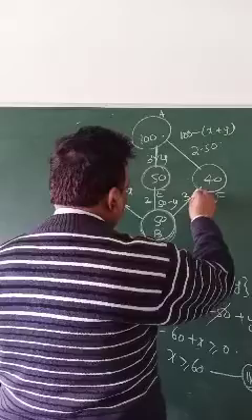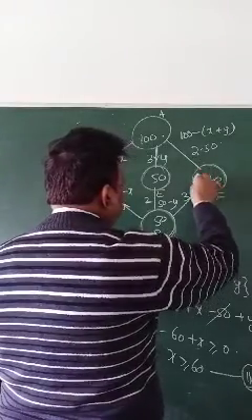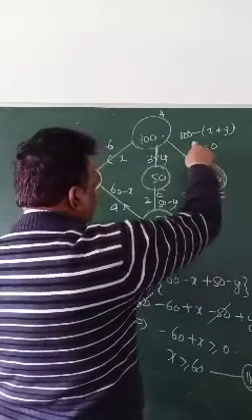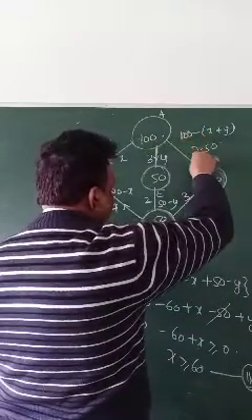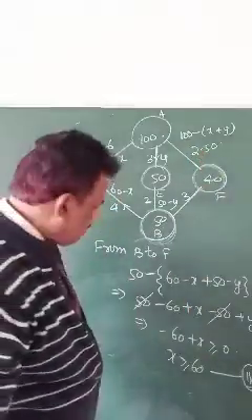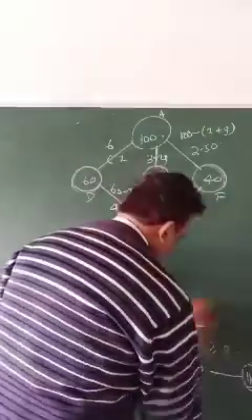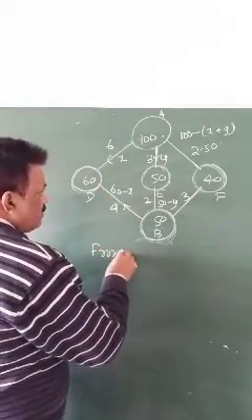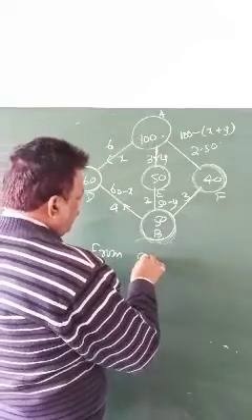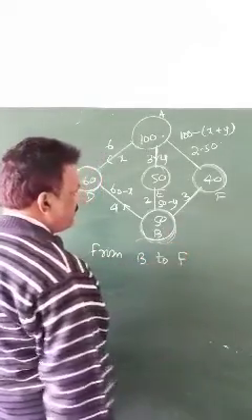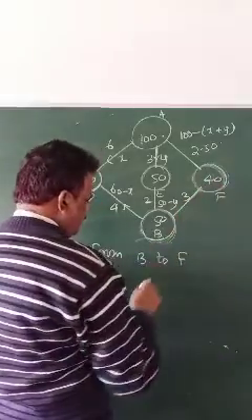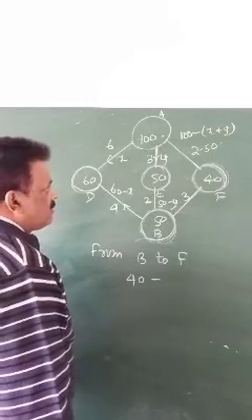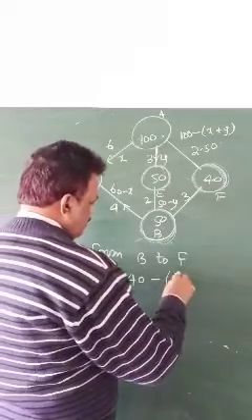Other way also you can do: 40 required here, and 100 minus x minus y has come here. The remaining you can do the other way. Let us see what answer comes. Requirement from B to F is how much? 40 minus 100.